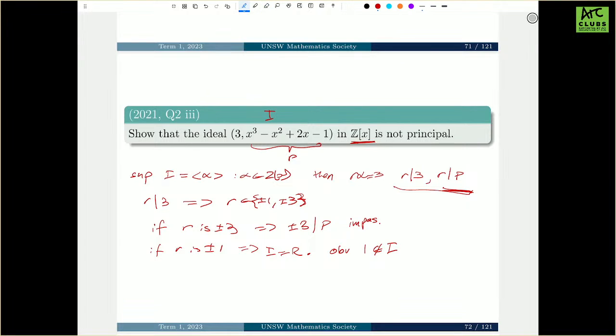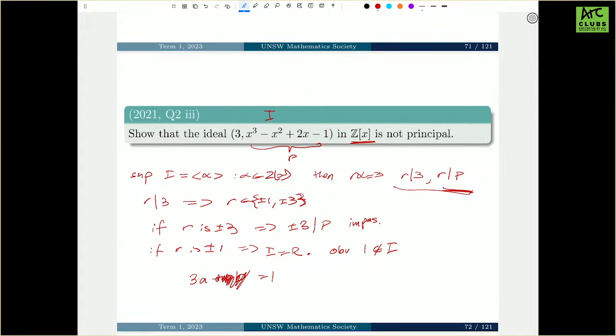And let's think of why that's the case. Obviously 1 is not in I because elements of I are in the form of 3a plus Pb. But then if we equate this to be 1, so again a and b are just any random elements in Z[x]. If we equate this to be 1, well, our polynomial term has to be 0, so b must be 0.